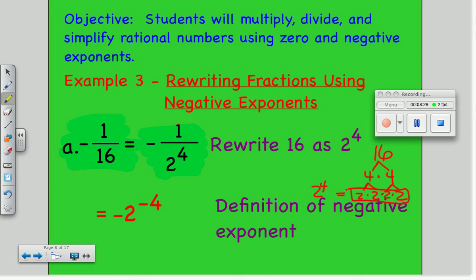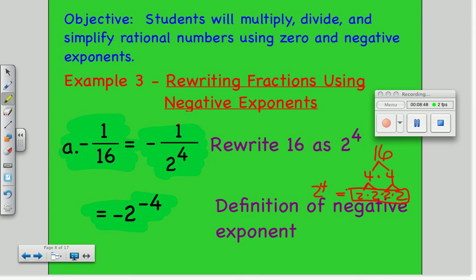So now I write this the same way that I wrote the other one. It becomes -2, because we have a negative here, the base is going to be 2 now, and I know this 4 is going to become negative because it's a fraction.